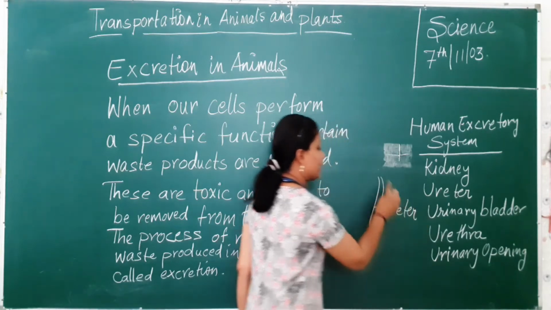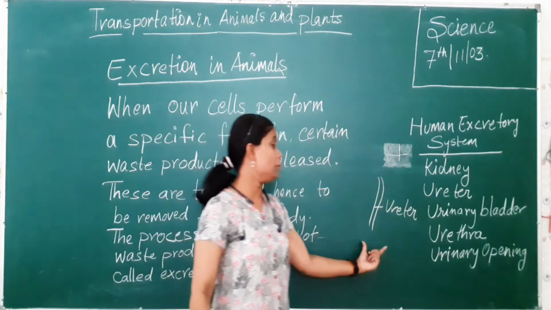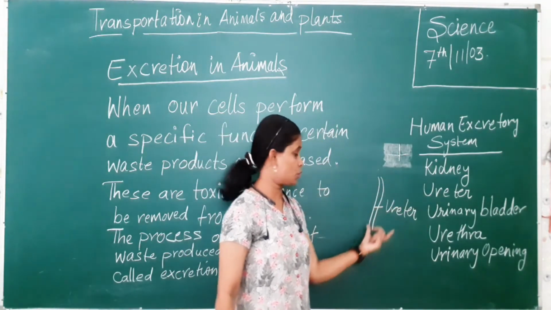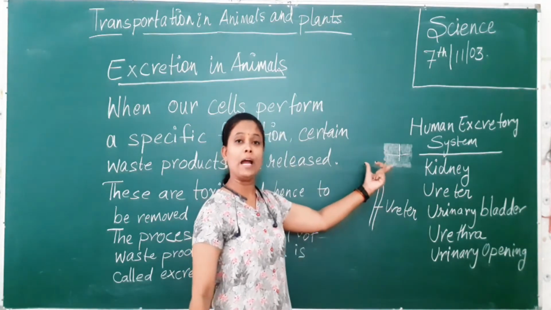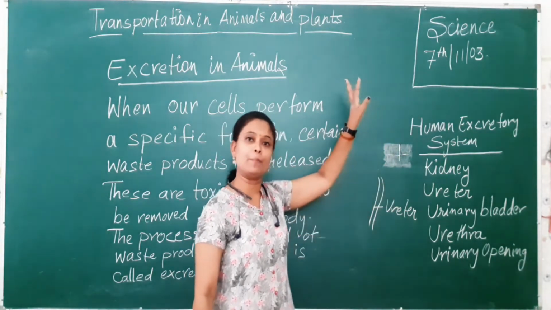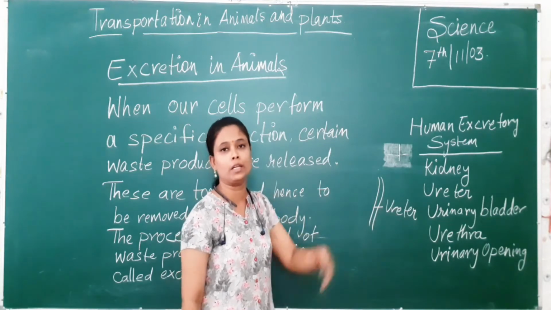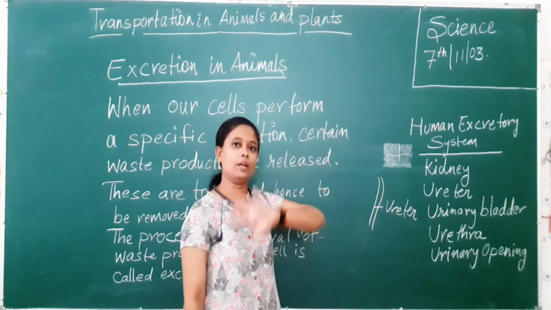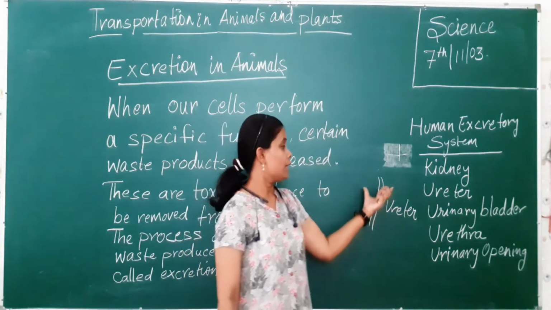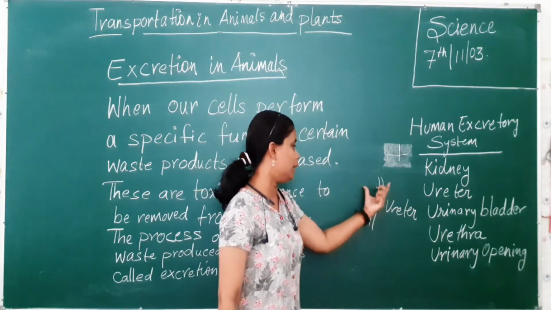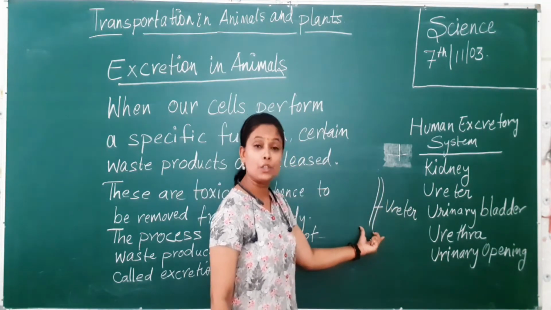Now, through the ureter, what comes? The impure blood comes through it. The purified blood again goes up to other parts of the body or to the heart, wherever it is needed. But the impure waste then enters the ureter.